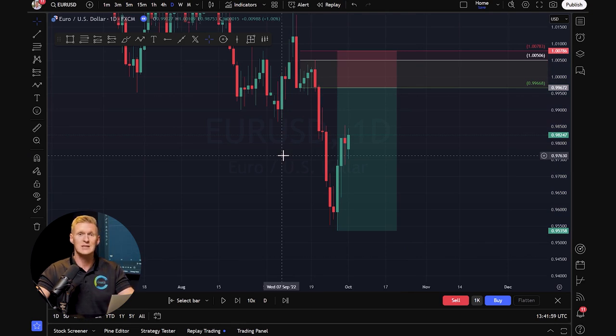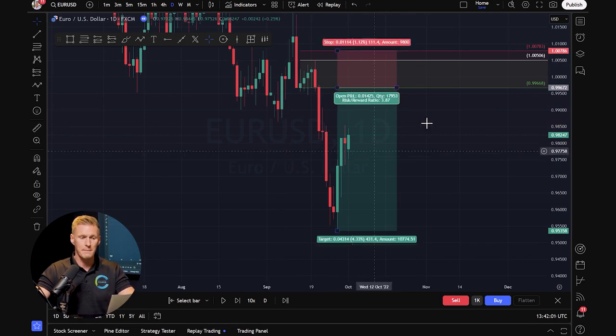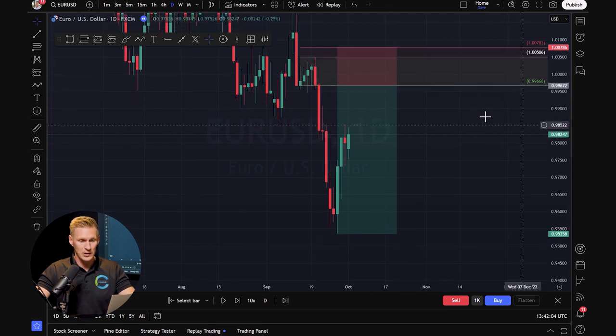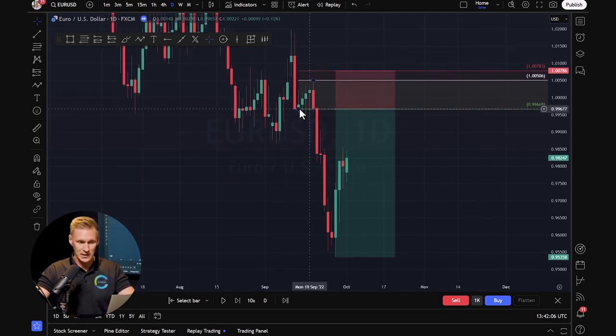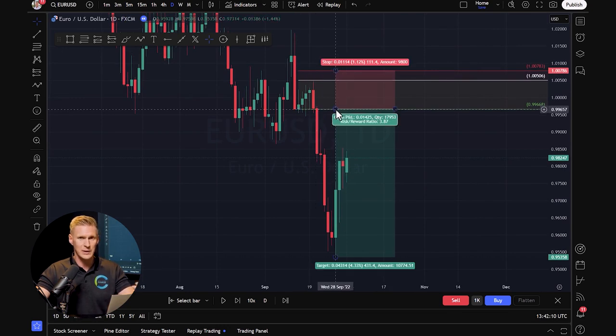One of it is a zone entry, meaning we will not go with a set and forget entry here on the proximal. No, we will move our entry a little bit higher into our zone. Unfortunately, for this entry, we have to spend time in front of our screen.